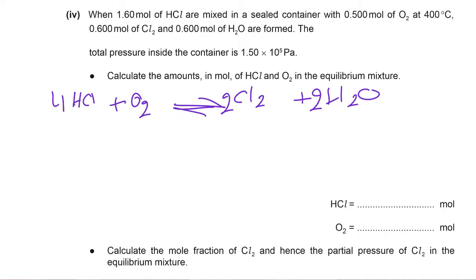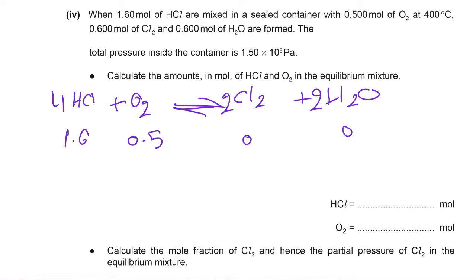Okay, you started with 1.6 and 0.5. So before starting the reaction you don't have chlorine and H2O. So at 400 Celsius, 0.6 mole of chlorine and 0.6 mole of H2O are formed.